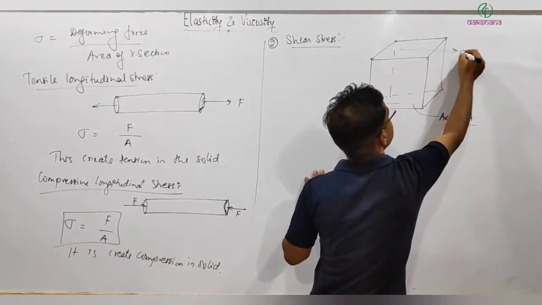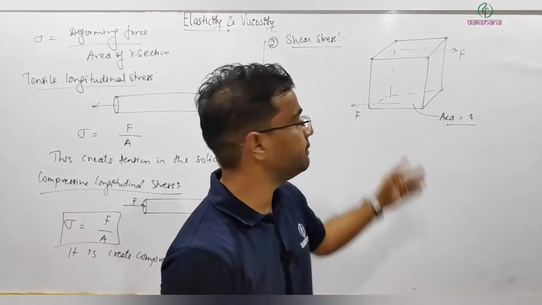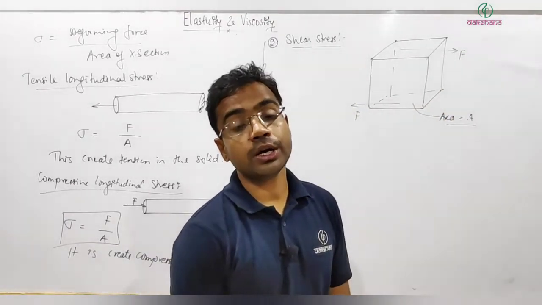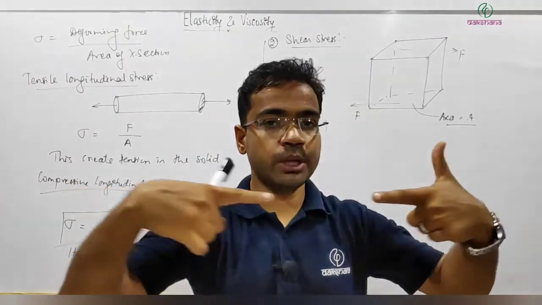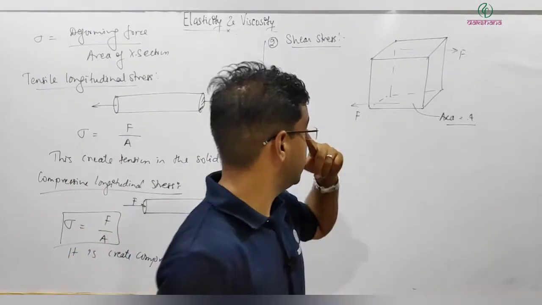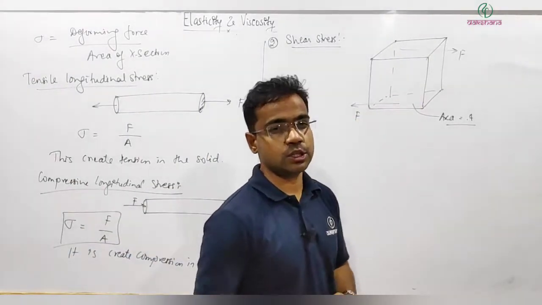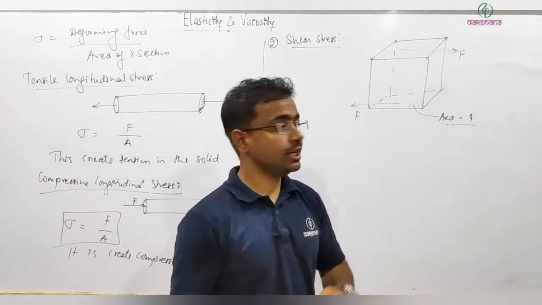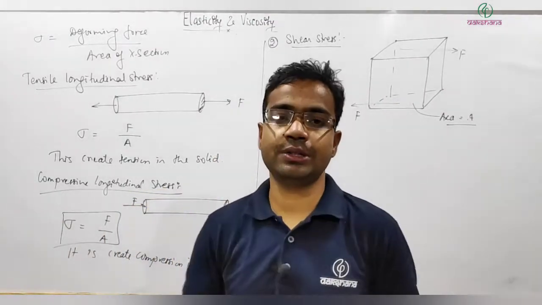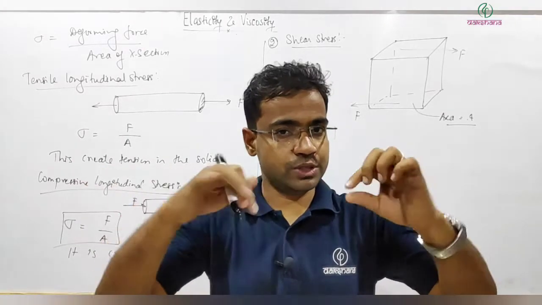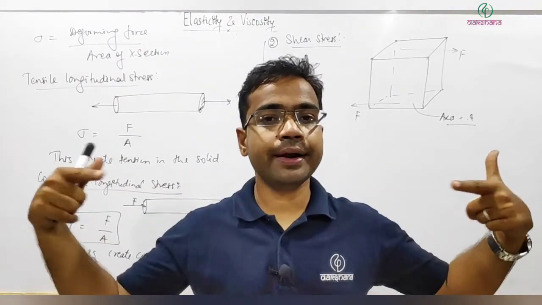Now you must be feeling the difference here. For longitudinal stress, the force is always normal to the surface area, but here it's along the surface. So this creates a shear effect. Here the deformation is different from the case of longitudinal or normal force, where it's either tensile or compressive.